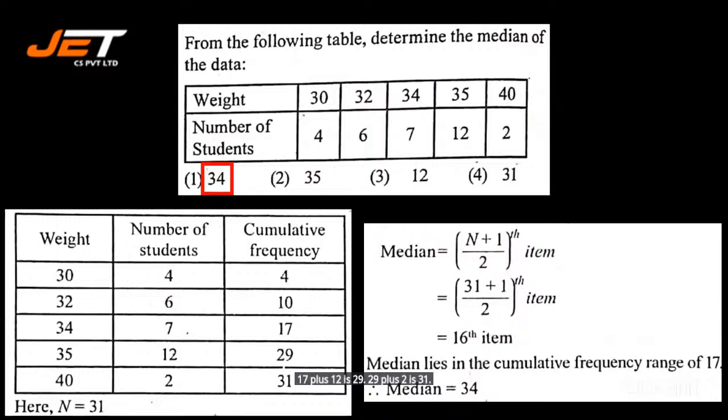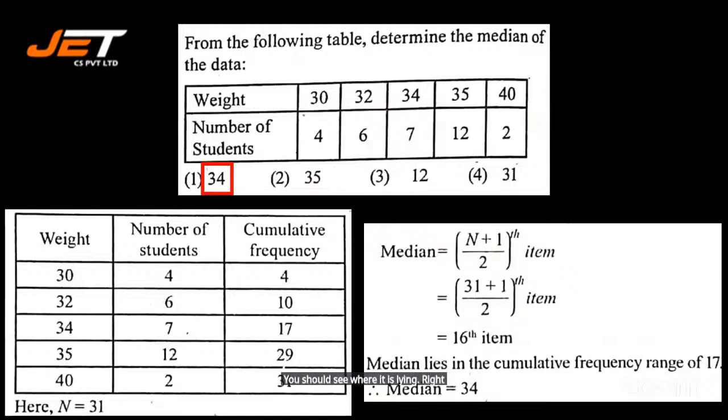And now 31 is an odd number. So we need to find out the median by using this form, that is n plus 1 by 2th item. So 31 plus 1 is 32 by 2, which is 16th item. So for the 16th item, you should see where it is lying.